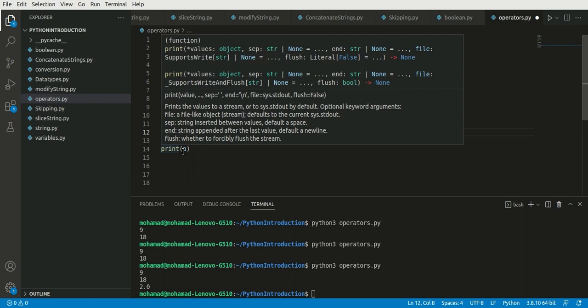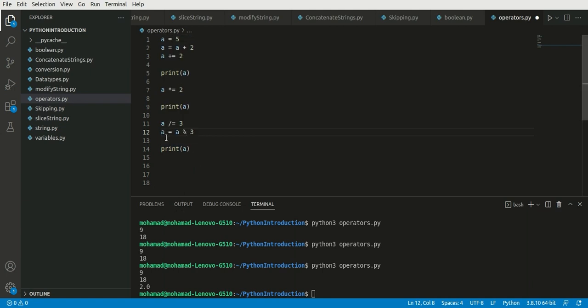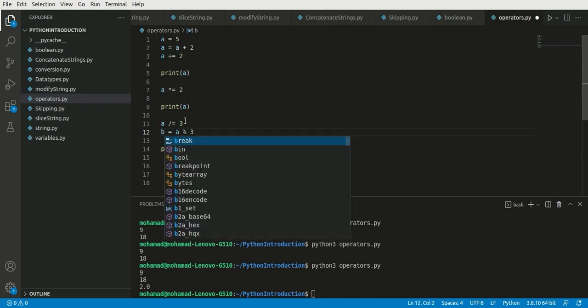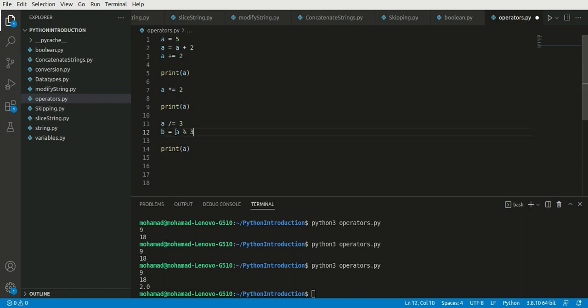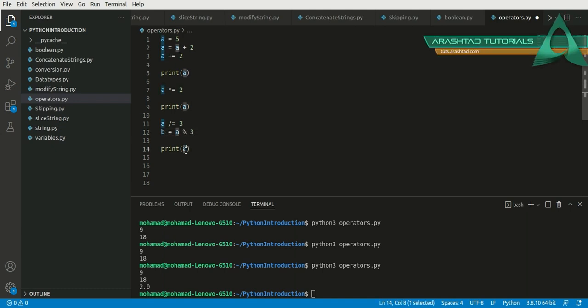So here I can define B as the modulus result of A divided by 3. So here we had 18 divided by 3 will be 6, and if we divide 6 by 3, the result will be 2, and there will be no remaining number, and so the result of the modulus will be 0.